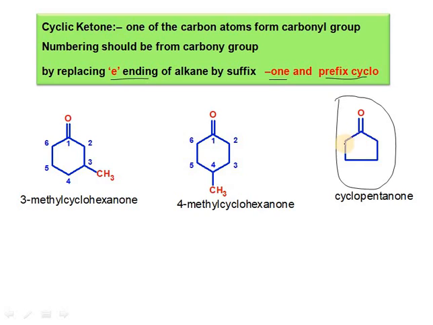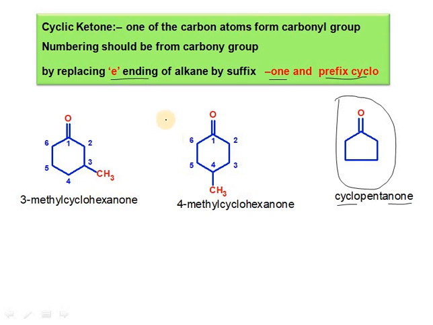How many carbons? 1, 2, 3, 4 and 5 carbons in the cyclic structure. So we use the prefix cyclo, and the parent name is pentane, 5 carbons, and E is replaced by ONE, therefore cyclopentanone.